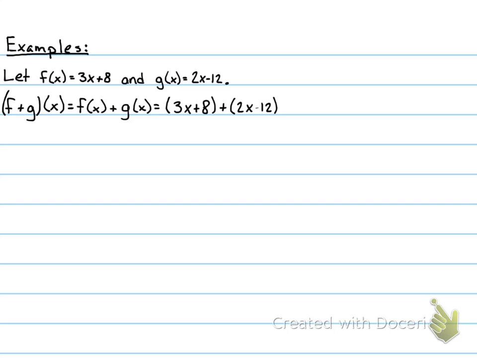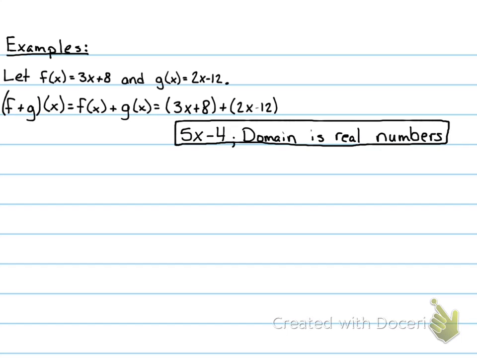So for the f of x, I plug in the 3x plus 8. For the g of x, I plug in the 2x minus 12. We then just go ahead and do basic Algebra 1 rules. Since it's a plus, we can drop off the parentheses if we would like. A 3x plus a 2x, and then an 8 minus 12. That ends up giving you a 5x minus 4. Our domain for this would be all real numbers.